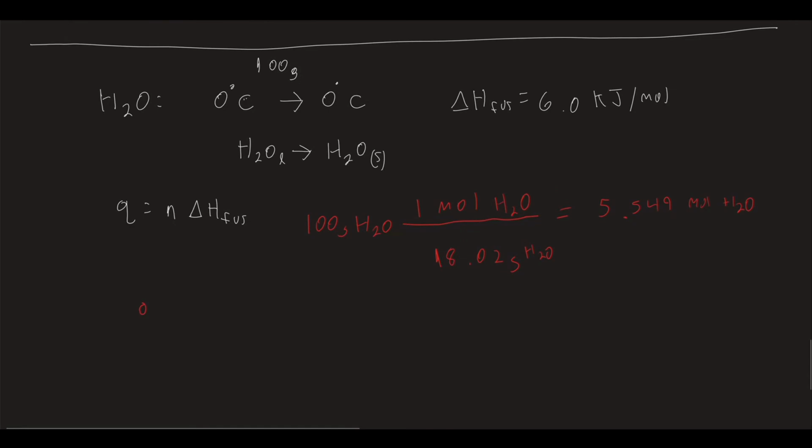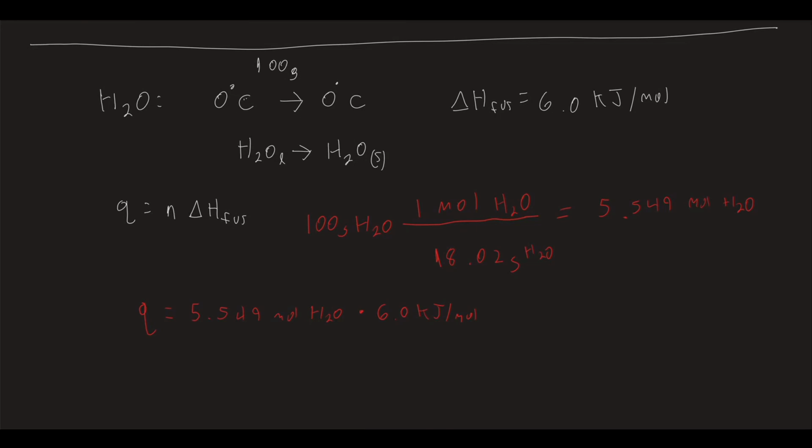So we will do Q equals 5.549 moles of H2O, then multiply it by our constant, which is delta H of fusion, 6.0 kilojoules per mole.